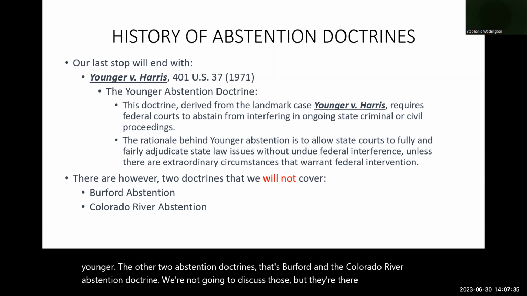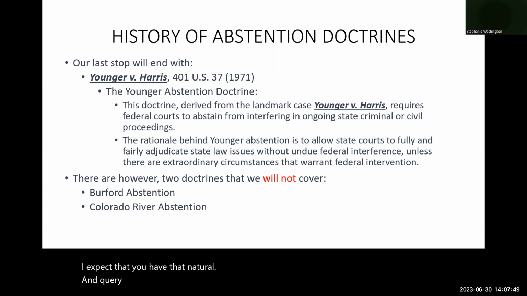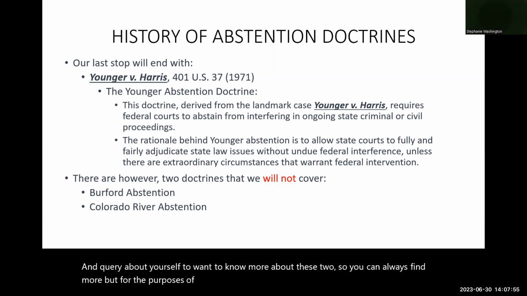And as lawyers, right, some of you 1 more semester, 2 more semesters, 3 more semesters, I expect that you have that natural inquiry about yourself to want to know more about these two. So you can always find more, but for the purposes of this course and for the purposes of the final exam, we're not going to cover Burford or Colorado River.